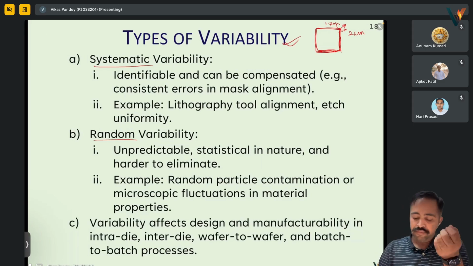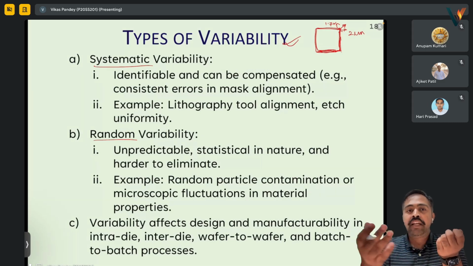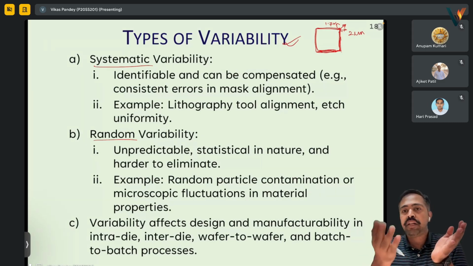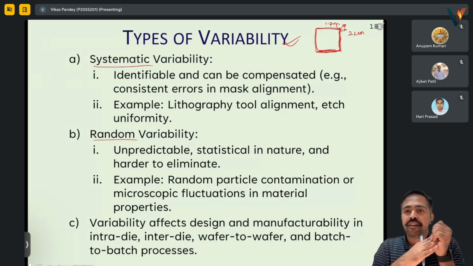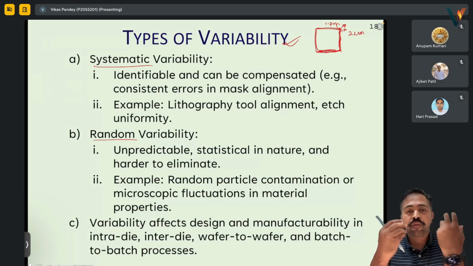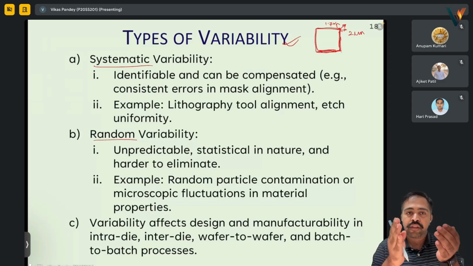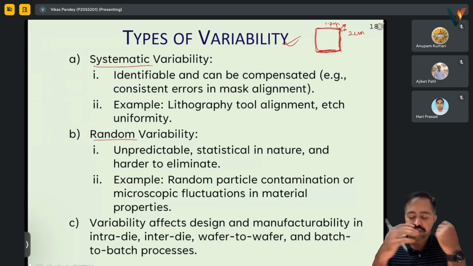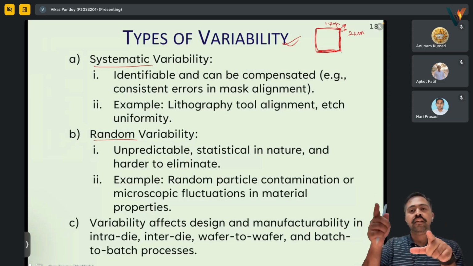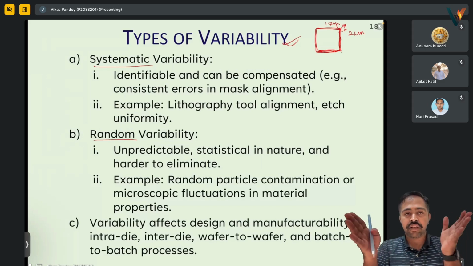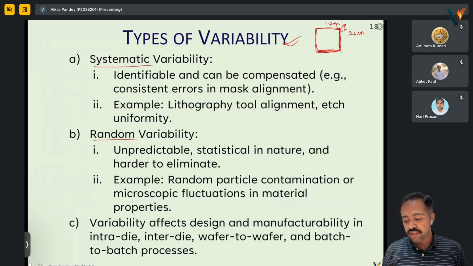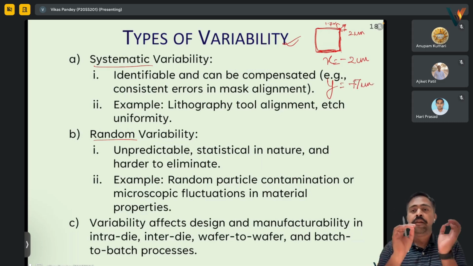Either I will design my alignment marks such that they are shifted a bit in the opposite direction, or while doing the alignment I will shift in reverse. I will first align properly, and then shift the whole mask by minus 2 micrometers in the x direction and minus 1.7 micrometers in the y direction, and I will get the result. So these are some systemic variability.